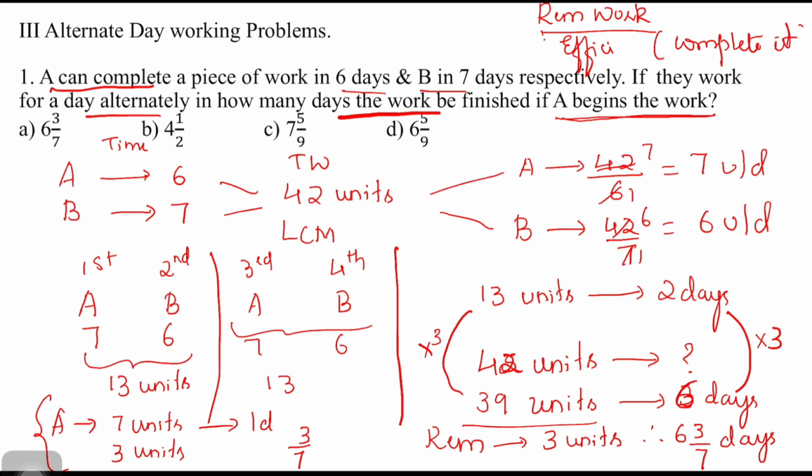The remaining work was 3 units, and the efficiency of A was 7. So the time taken by A to complete 3 units is 3 by 7. So the total is 6 and 3 by 7 days.